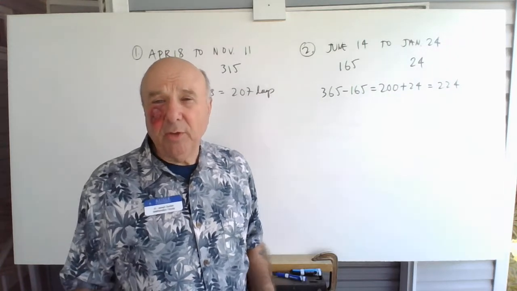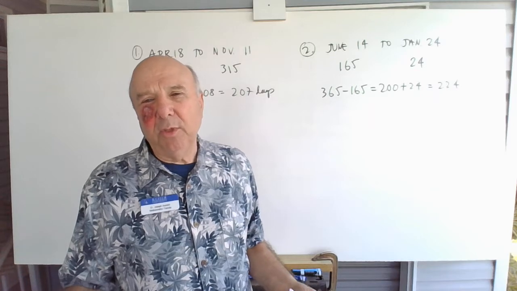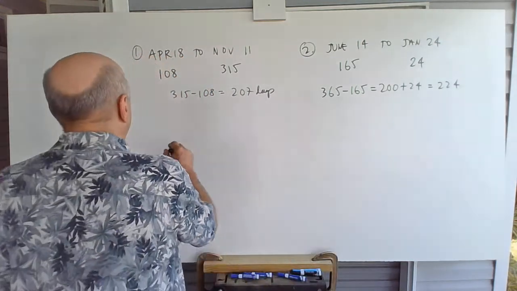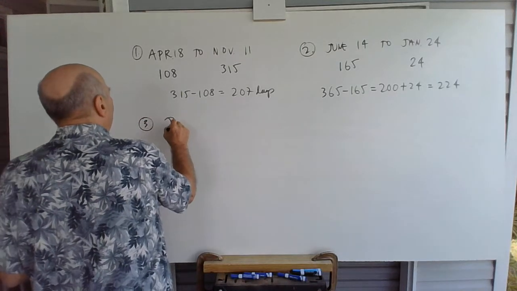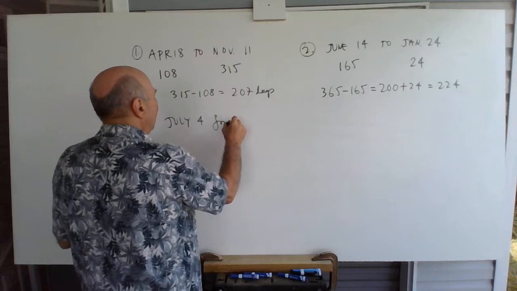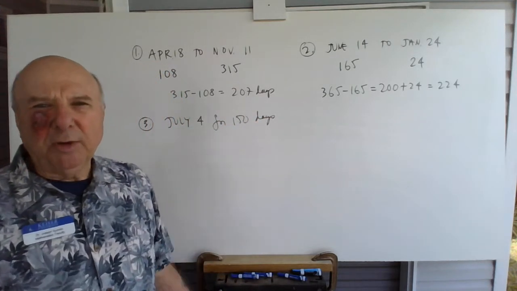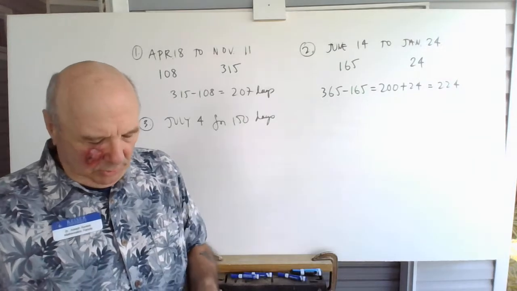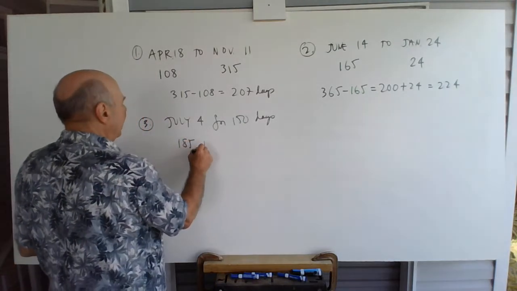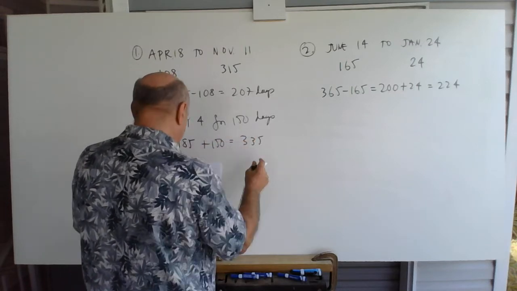Now, on the other hand, if you don't know the days, then you just may know the length of the loan. So let's say the loan was taken out on July 4th for 150 days. You just find the number for July 4th, add the 150, and you get 335.